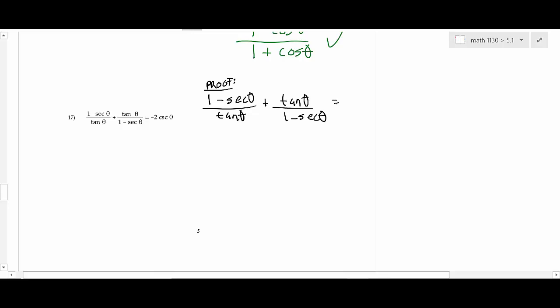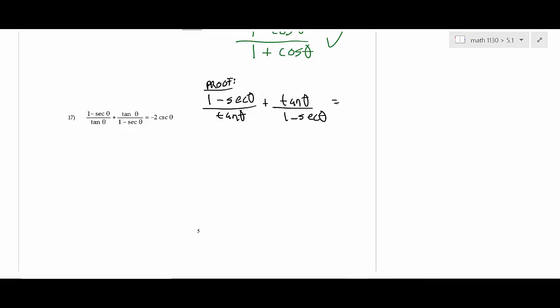Now there's a couple of approaches to working this problem out. Let me just tell you what different thought processes you might have. You could get a common denominator. That might be one approach to the problem, just get a common denominator and see what happens. Another thing I could do is change the secant to 1 over cosine, and change the tangent to sine over cosine.